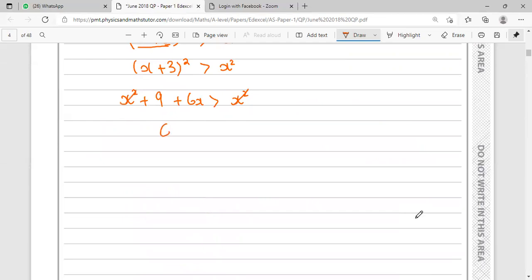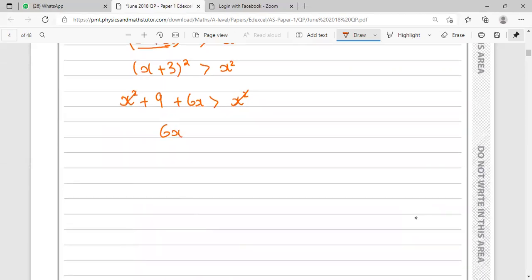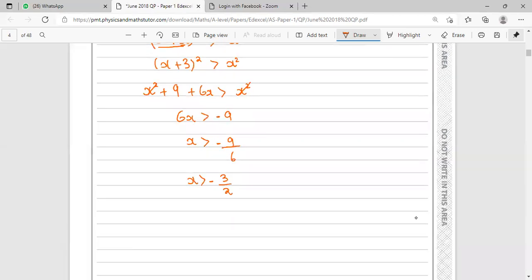And finally, I can take 9 to the other side. Minus 9. So I have x is greater than minus 9 by 6. This means x is greater than minus 3 by 2.